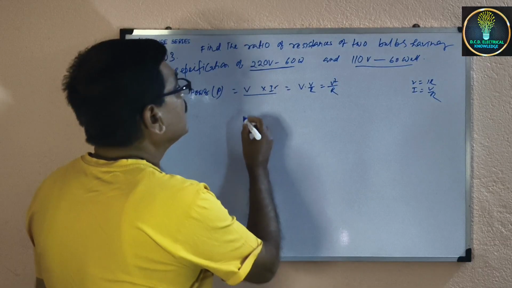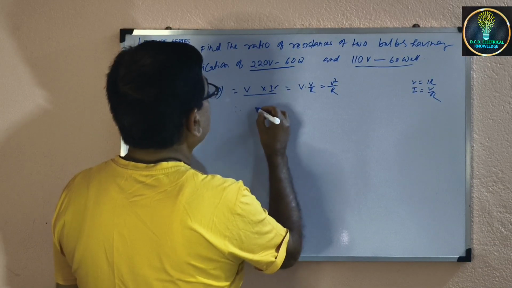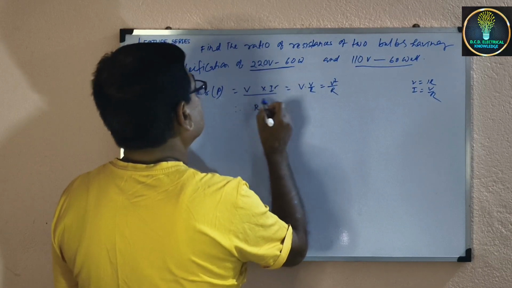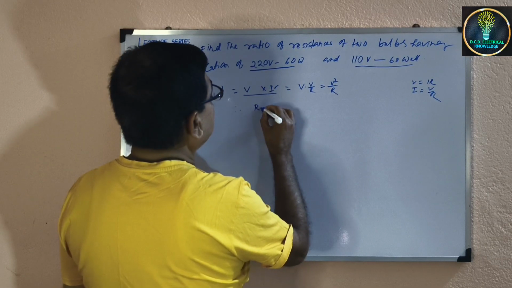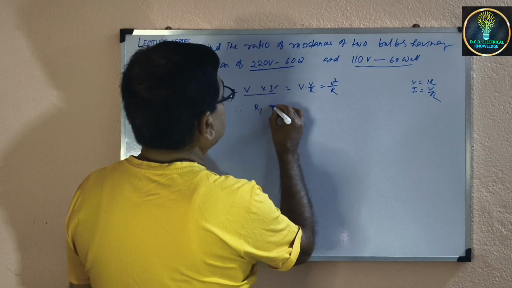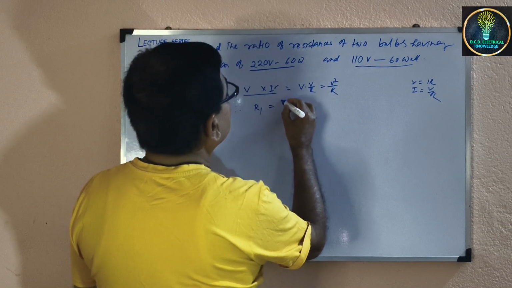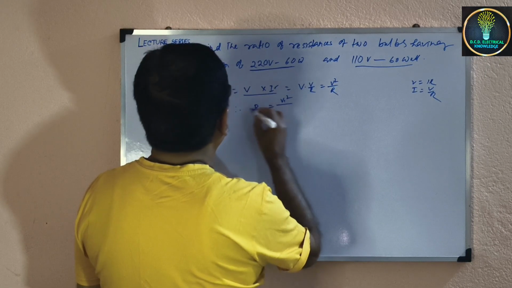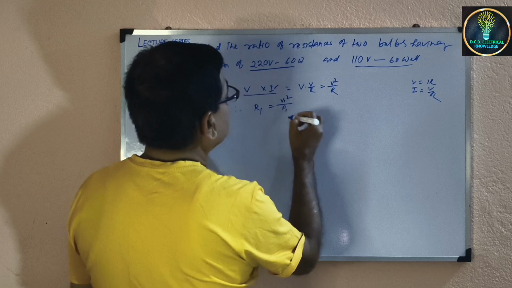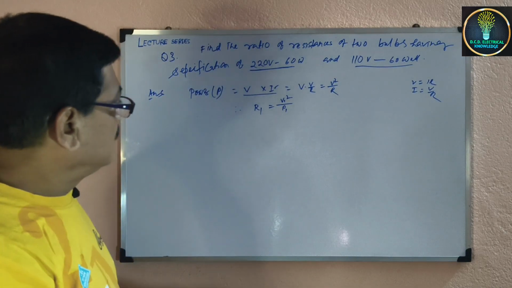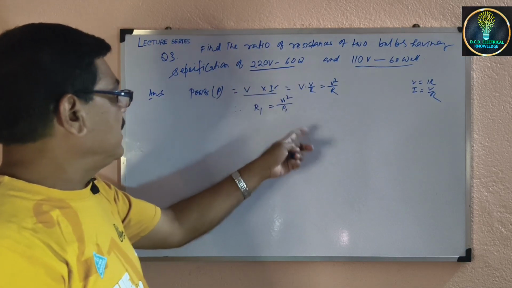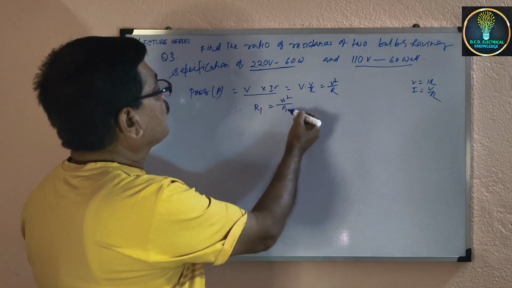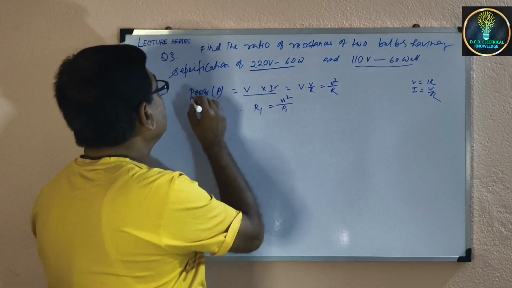Now we can write R is equal to V square by P. This is the general formula, and we can write R1 is equal to V1 square by P1, right? This is the main formula.